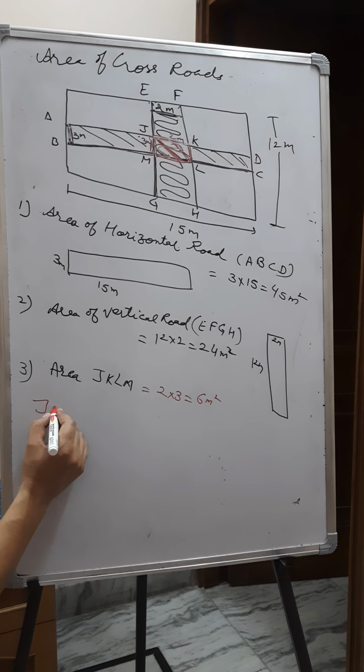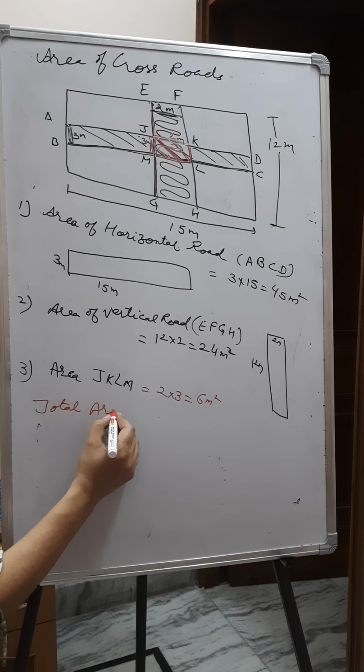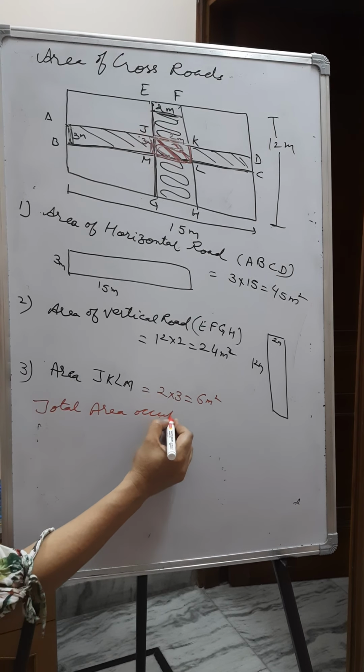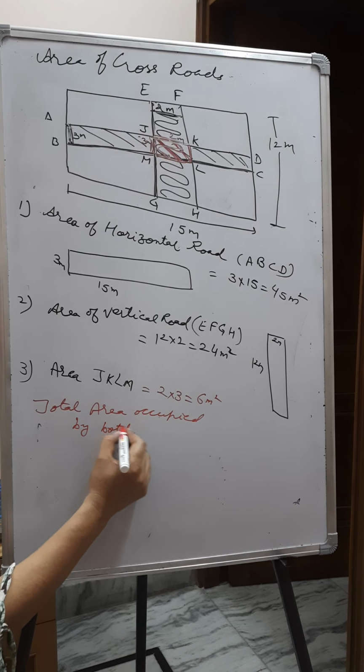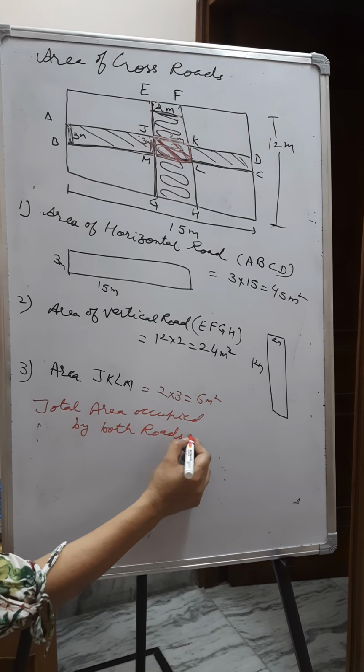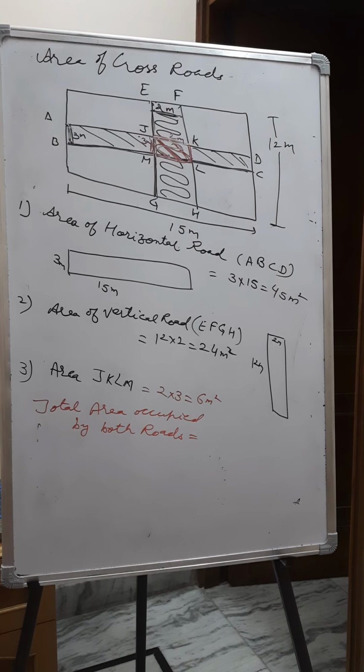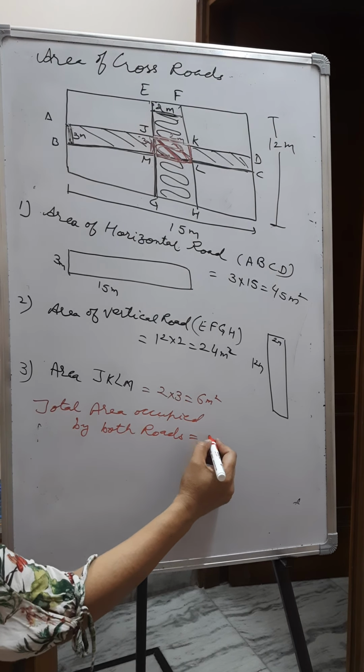Now, total area occupied by both roads. First, the horizontal one, that is ABCD.